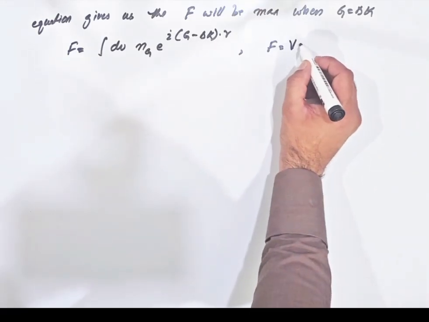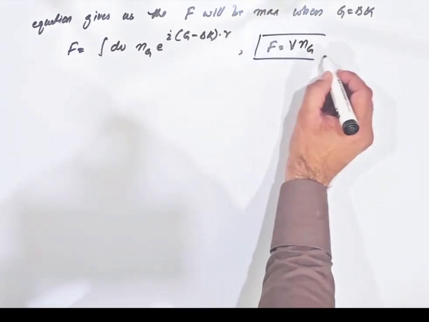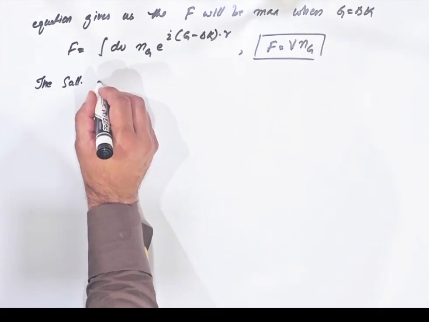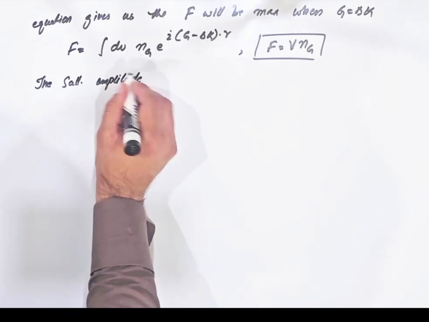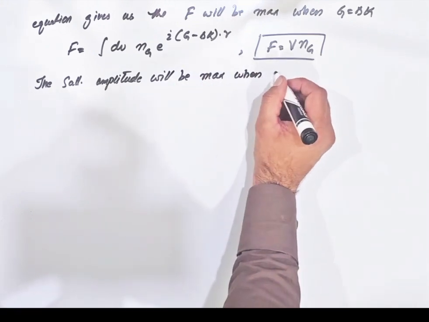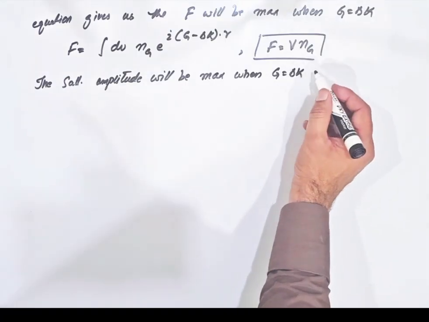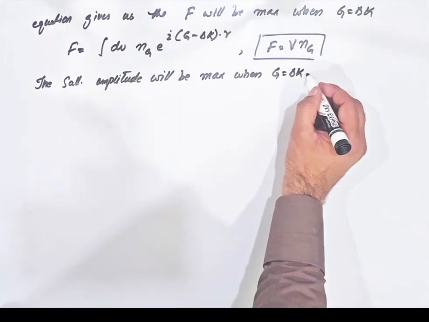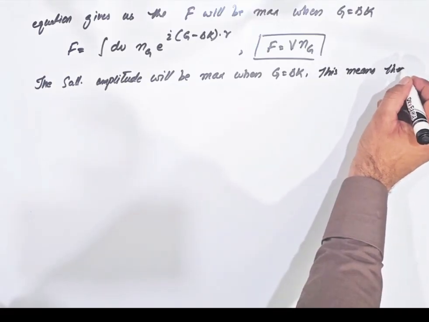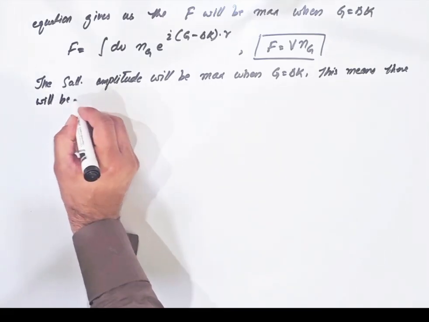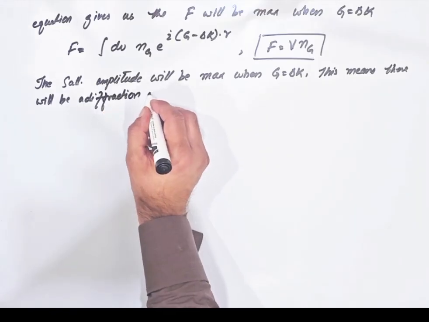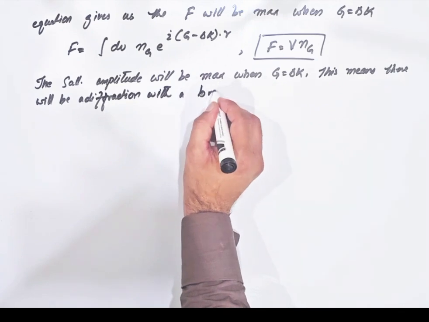At G equal to del k, this exponential term goes to 1, and F gives us the integral n_G dV, which means V n_G. This means the scattering amplitude will be maximum when G is equal to del k. This means there will be a diffraction with a bright spot.